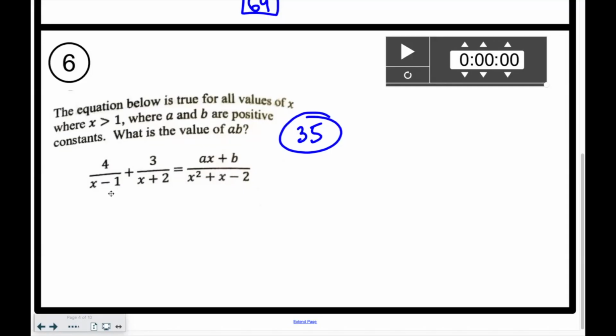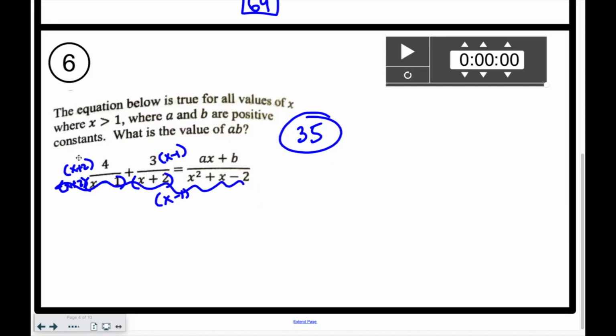If you can get to the point where you realize here that the way you would combine these is by getting a common denominator. And the common denominator in this case would simply just be this. And you realize again that the denominators don't really matter because they end up all canceling out.